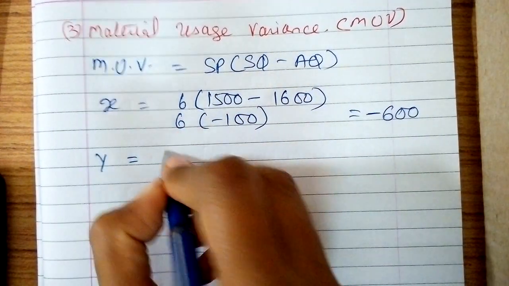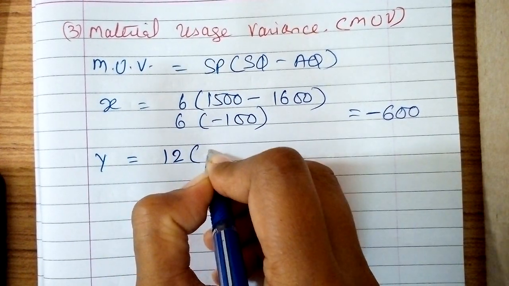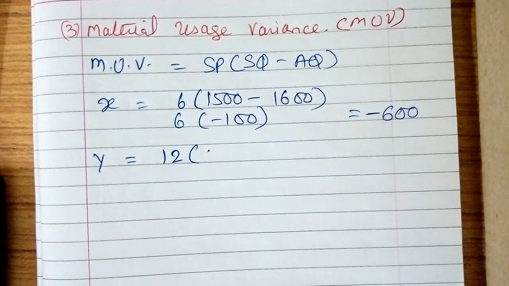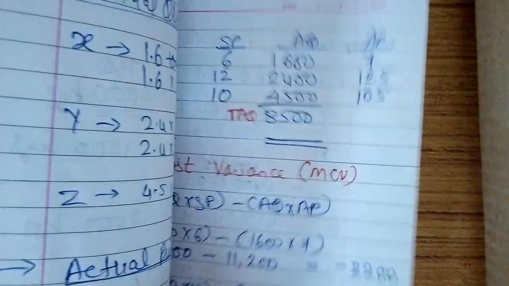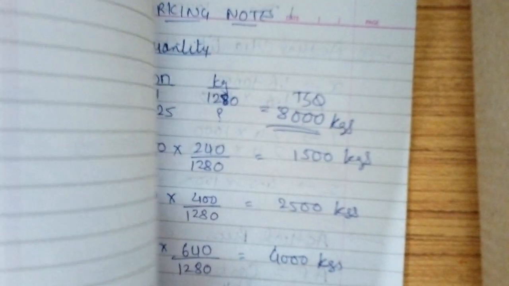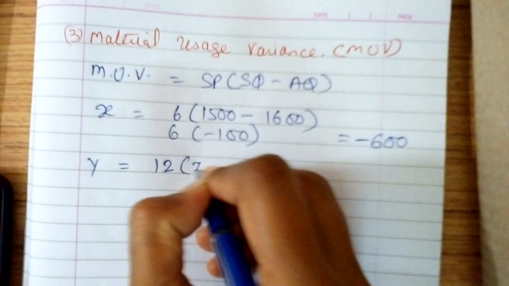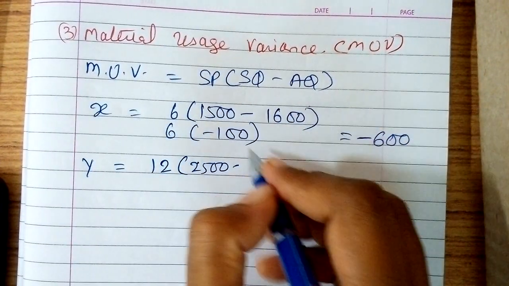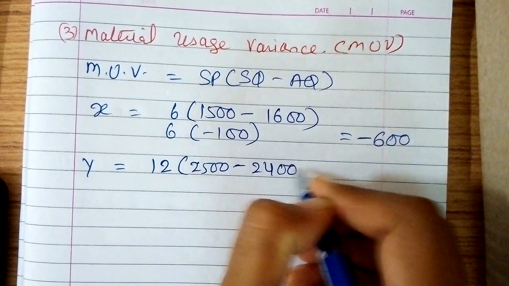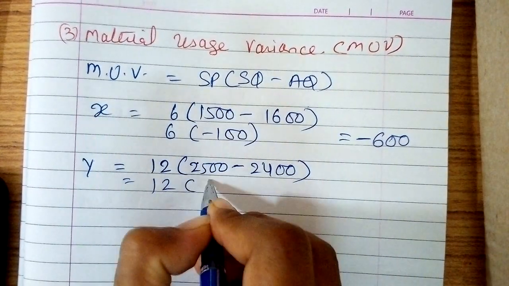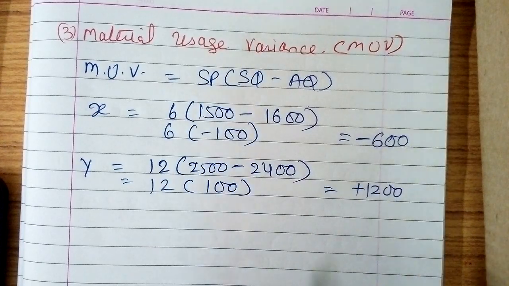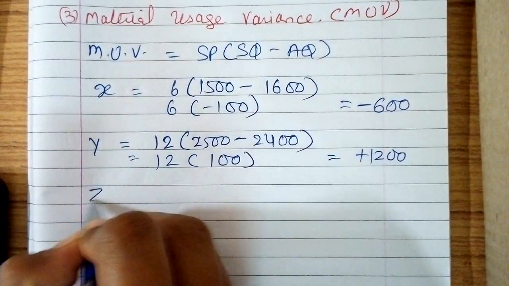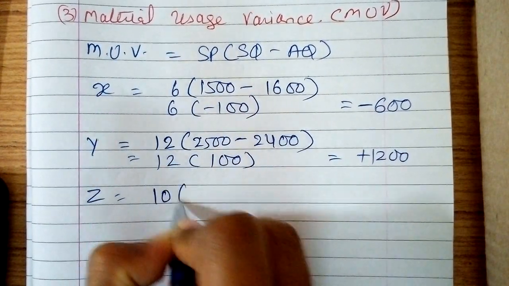For Y, standard price is 12. Quantity is, let me check, 2,500 minus actual quantity is 2,400. So 12 into bracket 100. So positive 1200 for Y, and for Z, standard price is 10.